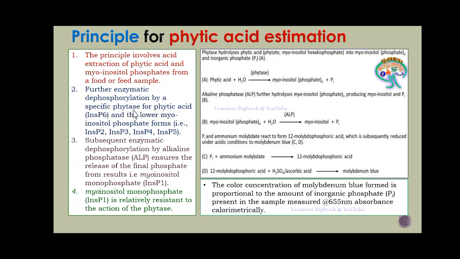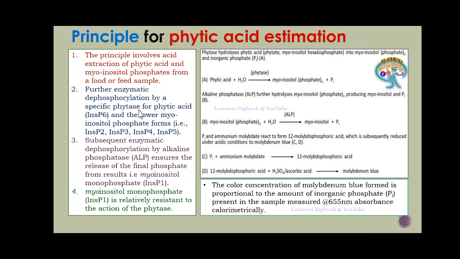Subsequently, after treating the phytic acid with phytase, we do enzymatic dephosphorylation with alkaline phosphatase. This ensures the release of the final phosphate, that is, myoinositol monophosphate is formed and the phosphate is separated from the inositol.